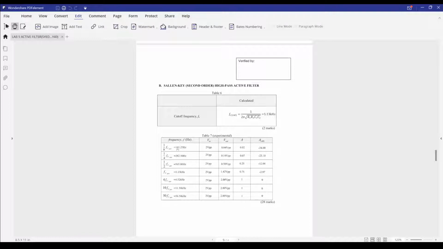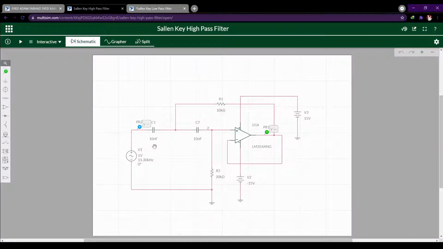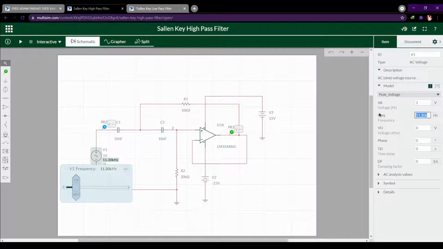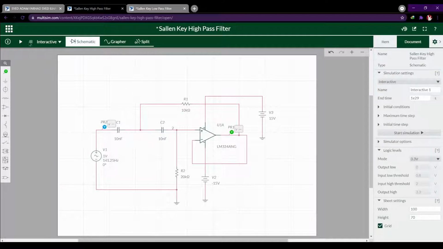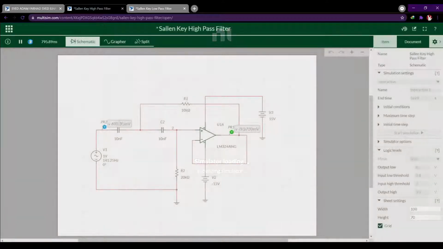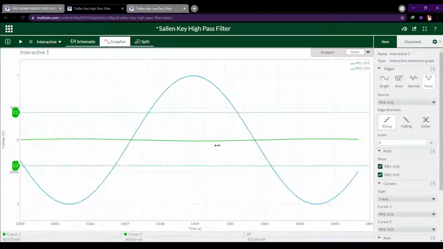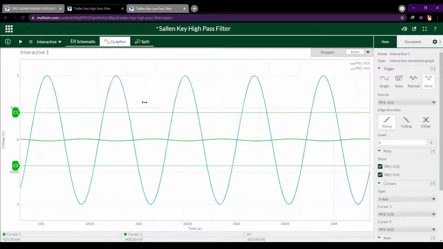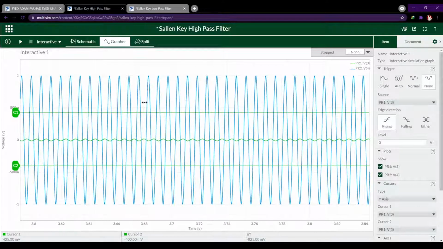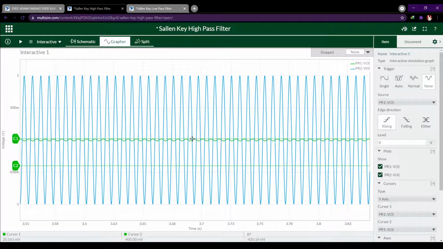So we start off with a low frequency. As you can see, the output voltage is very small when the frequency is lower than the cutoff frequency.